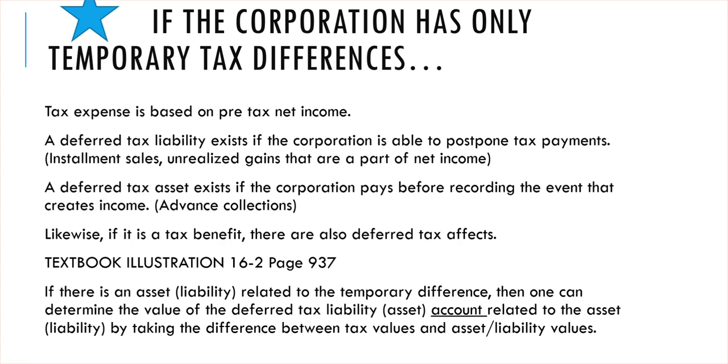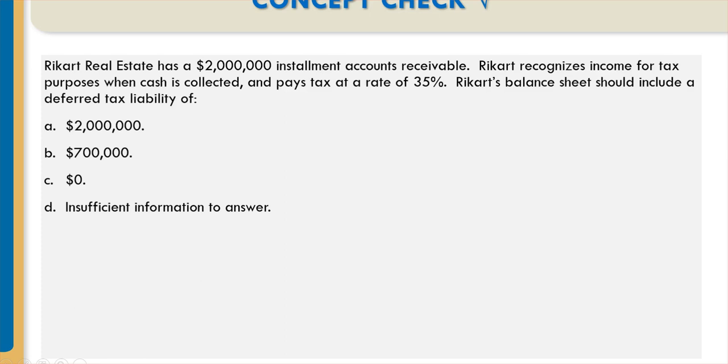You can read through this if you'd like, but when we work the problems, it all becomes quite apparent. Here we have 2 million installment accounts receivable, and of course they're going to pay taxes when the cash is collected. And so if we have accounts receivable on our books, then that is our future amount of cash flow that we anticipate from this.